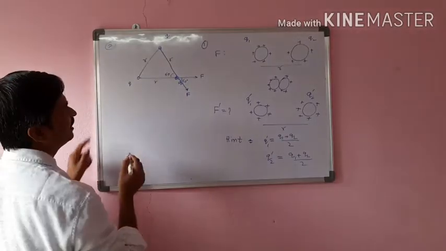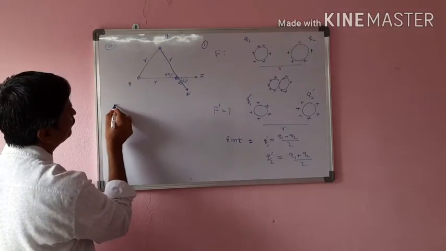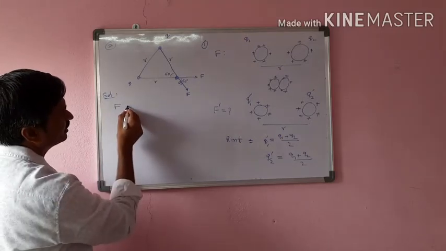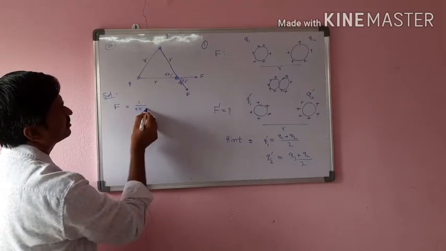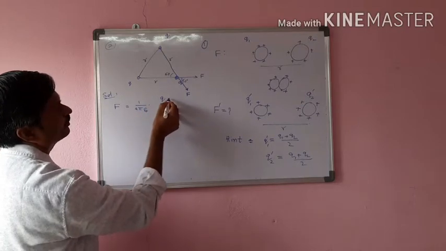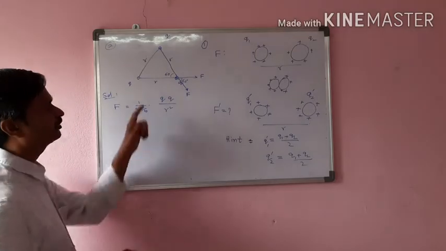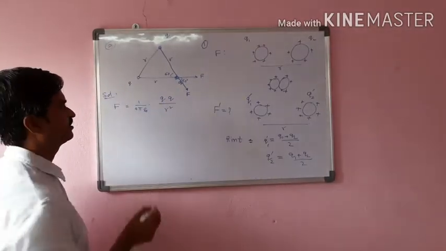So here the solution, first we have to find the force F. F is equal to 1 by 4 pi epsilon naught into Q1 Q2 by R square. Q1 is equal to Q, Q2 is equal to Q. And the same force.